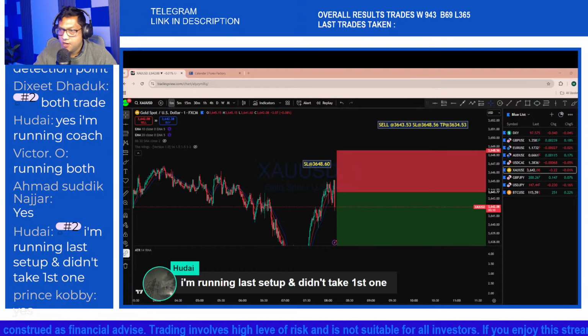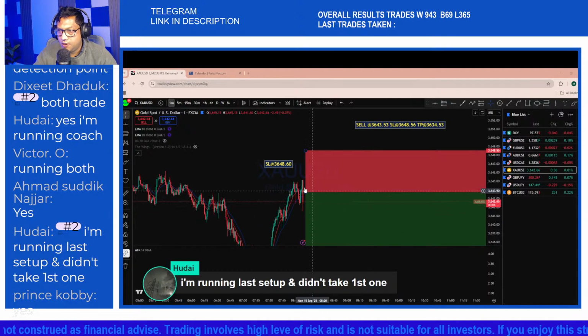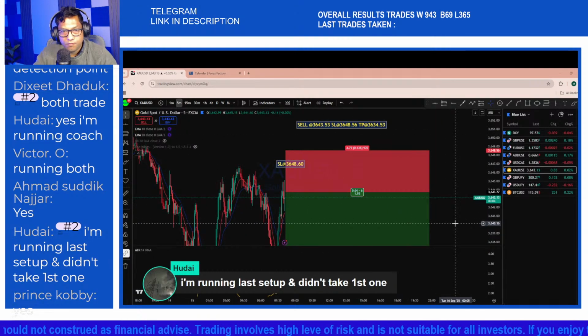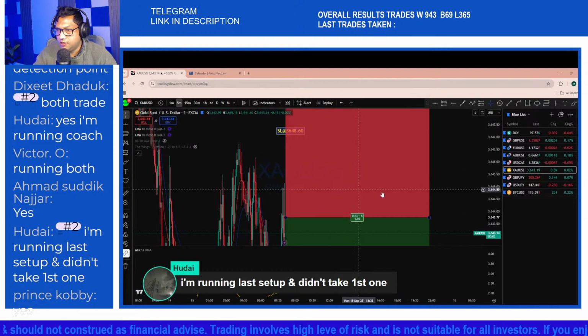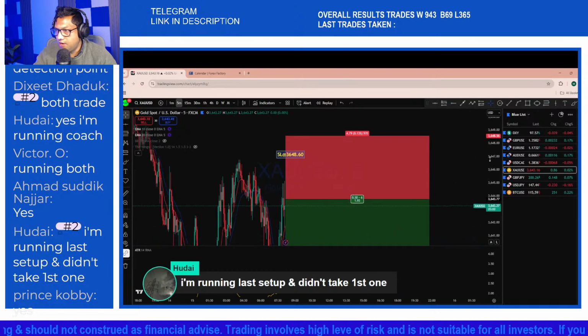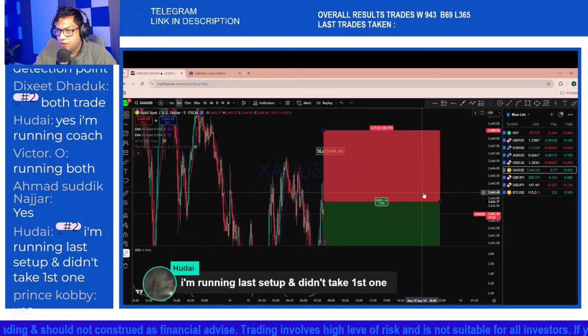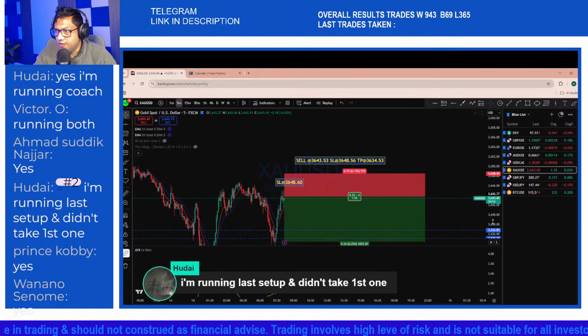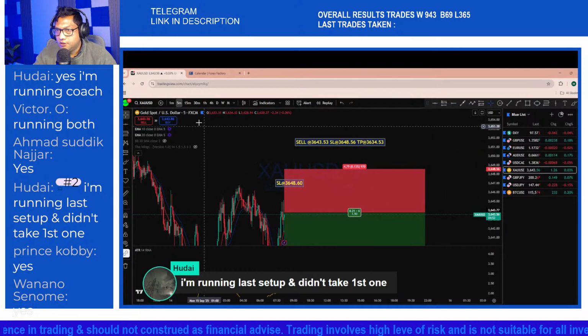Okay, so we are currently running the first position, running in good profit, and it's getting some reaction from this support, but we see multiple liquidity triggers here in that area.